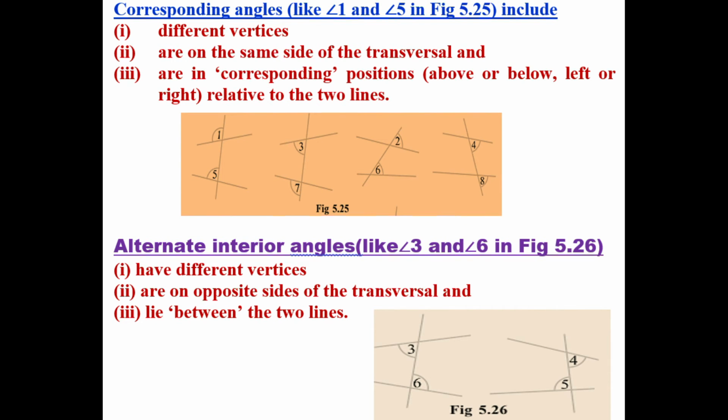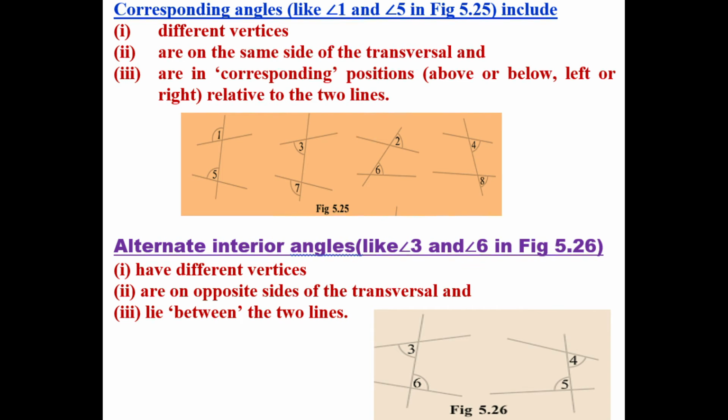So easily you can find out the corresponding angles. You see 1 and 5 on the same side of the transversal, that is corresponding positions. Same way 3 and 7, 2 and 6, and 4 and 8 are the corresponding angles.